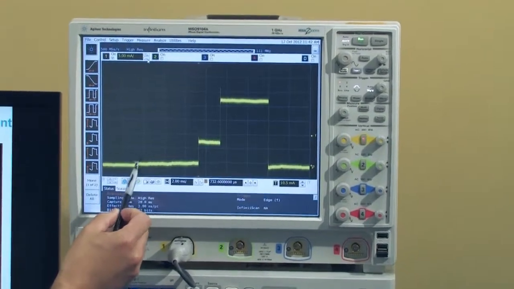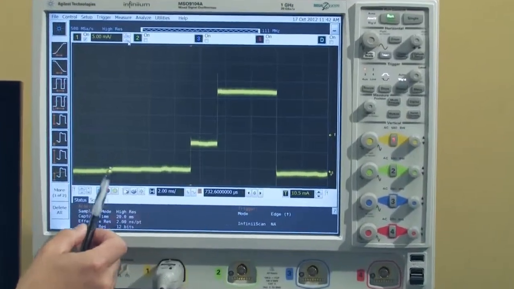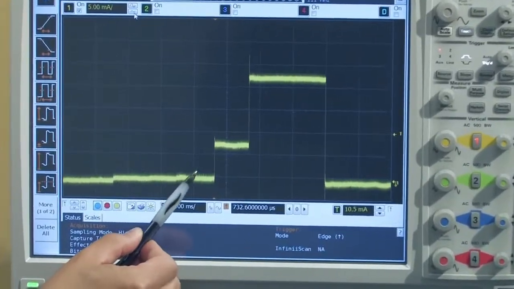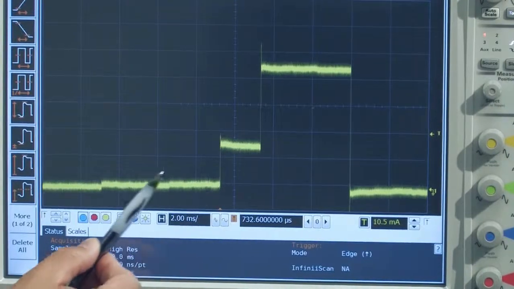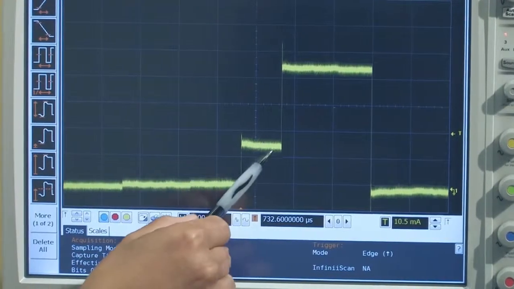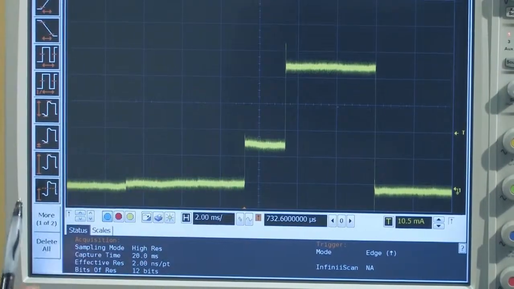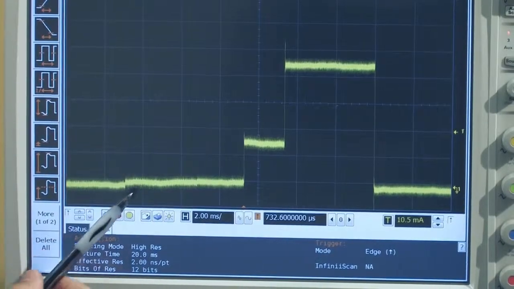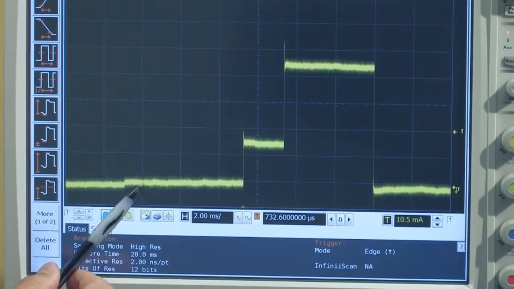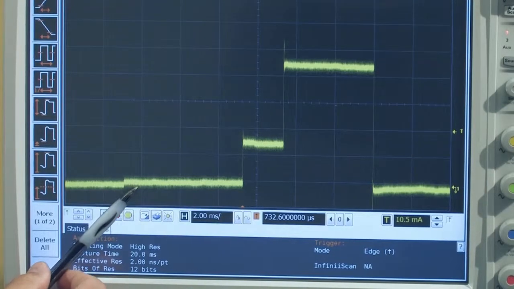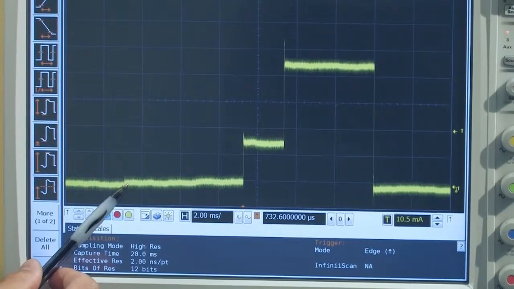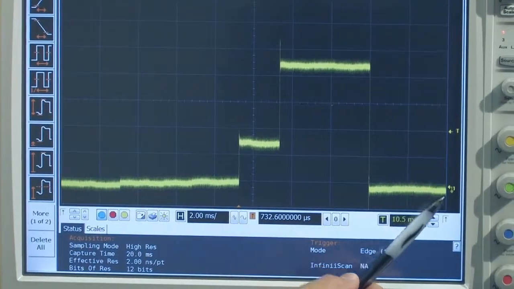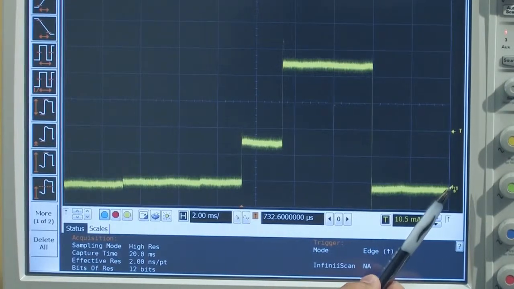As you could see, the current measurement that we have here, in this area on the lower current level measurements, is very noisy, and so it is extremely difficult to really resolve any information here due to the noise. And you also could see that the actual current probe has started to drift.